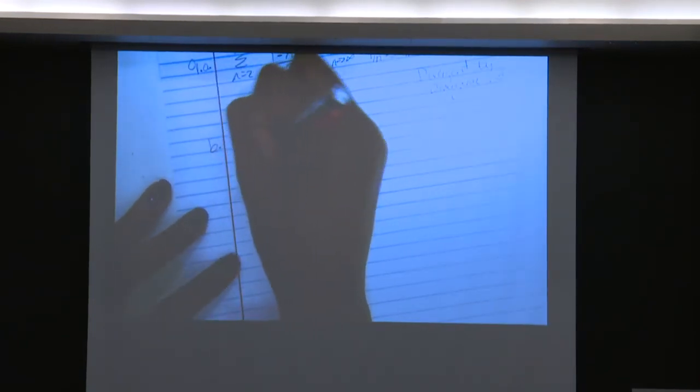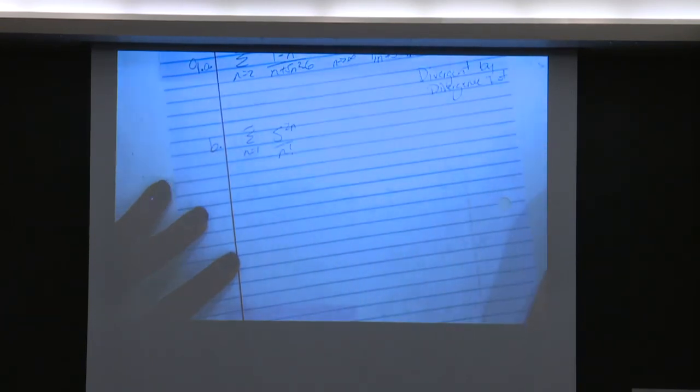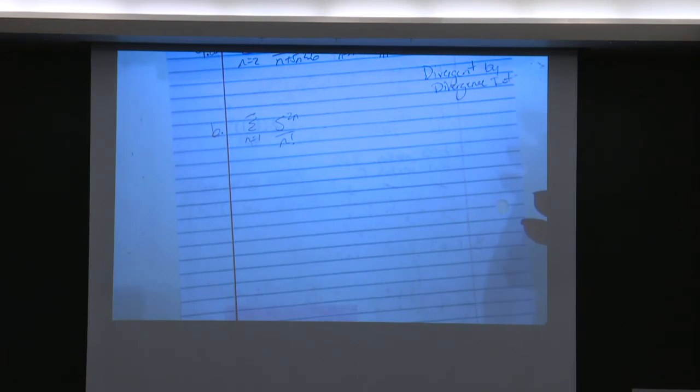So B, I have the sum from n equals 1 of 5 to the 2n over n factorial. This one, I see I have an exponent, I see I have a factorial. I'm just looking through what your different test is. You can either use the ratio or a root. More than likely, you want to use the ratio for this one.